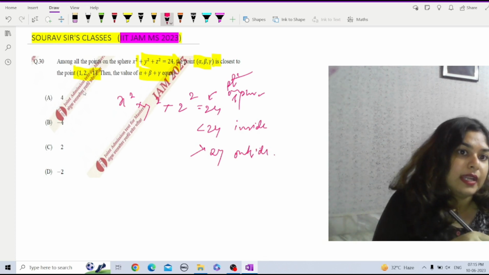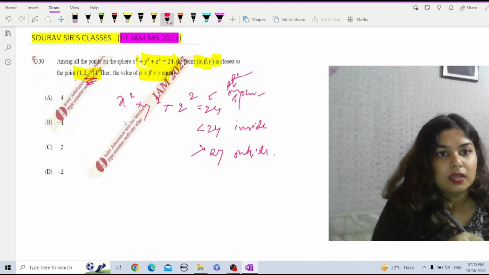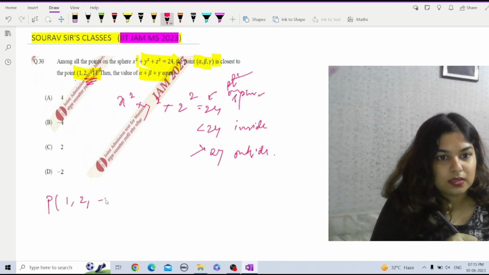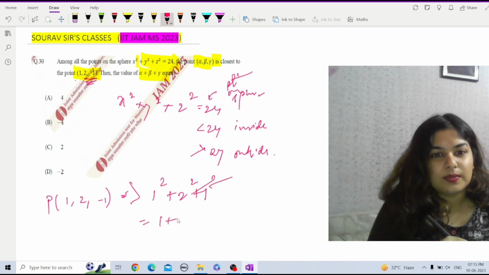So we have to find out whether this point is inside, outside or on the sphere. At P of 1, 2, minus 1, from the equation we have 1 square plus 2 square plus 1 square, that is 1 plus 4 plus 1, which is equal to 6.